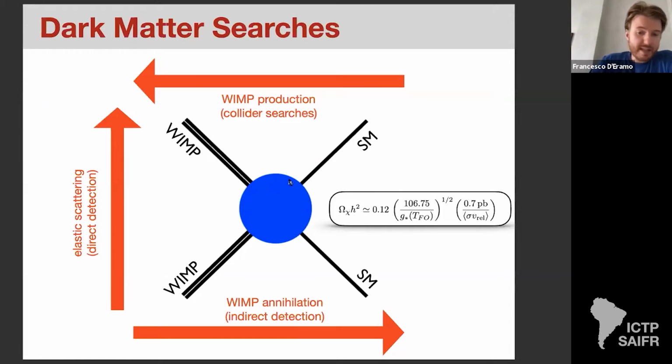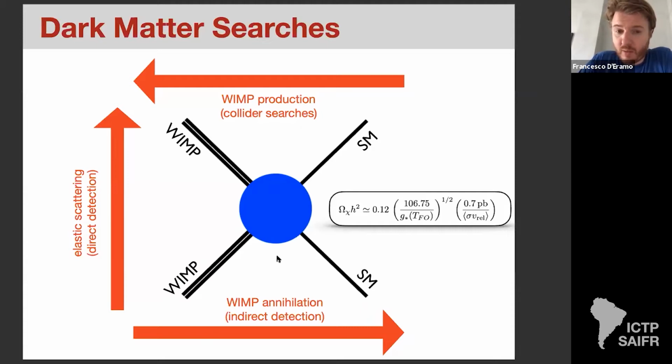So you can read this diagram in the three different ways that we discussed yesterday. You can have annihilations, you can have collider searches, and you can have elastic scattering. And so in this lecture, I will have three different parts, and each part will be devoted to one of these cases.